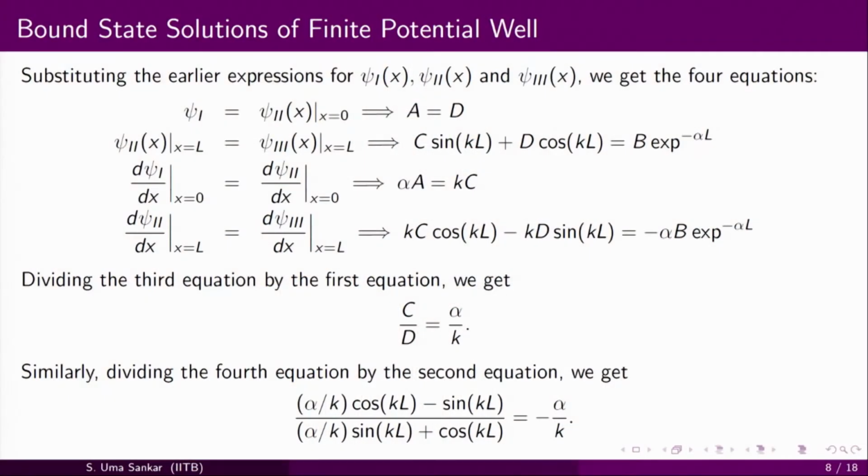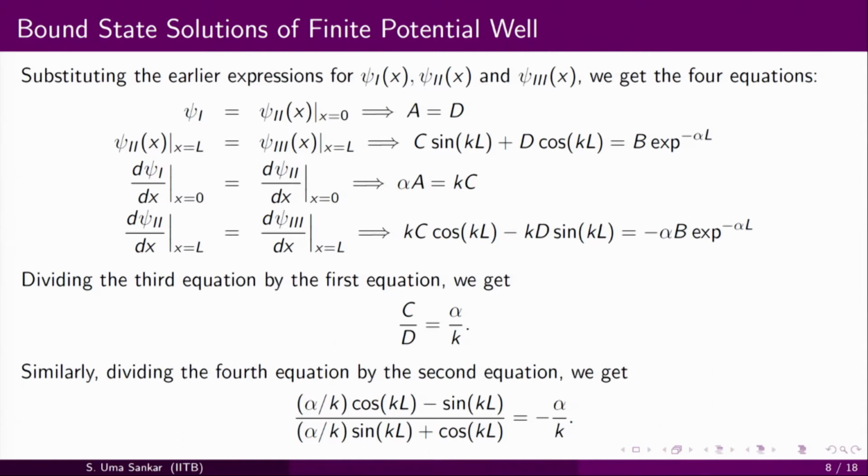Continuity of the wave function at x equal to 0 means A is equal to D. Continuity of the wave function at x equal to L means C times sin kL plus D times cos kL is B times exponential minus alpha L. Continuity of the derivative at x equal to 0 means alpha A is equal to kC, and continuity of the derivative at x equal to L means kC cos kL minus kD sin kL is equal to minus alpha B exponential minus alpha L.